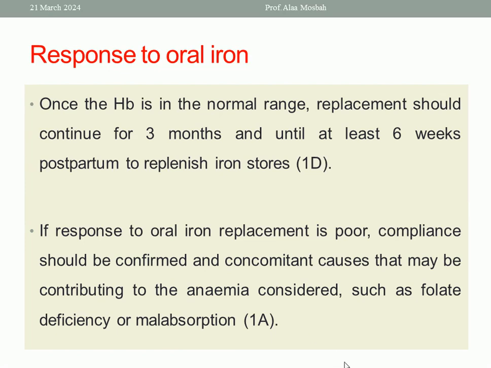If response to oral iron replacement is poor, compliance should be confirmed and concomitant causes that may be contributing to anemia considered, such as folate deficiency or malabsorption. If there is no response, there may be another problem. There may be folate deficiency. There may be malabsorption syndrome.